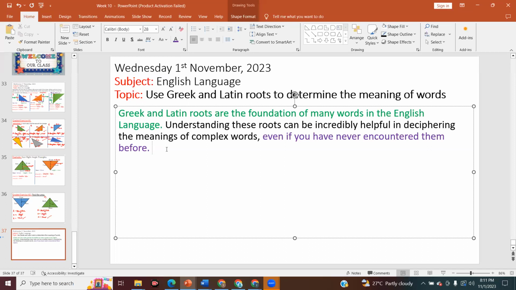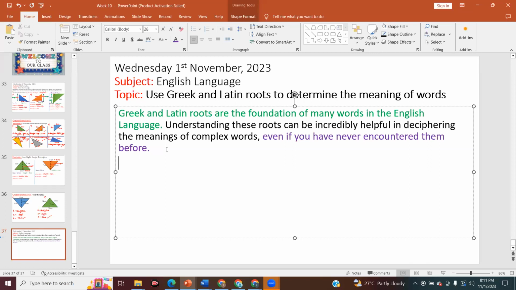So let's begin with, basically the English language has borrowed a lot of words from Greek and Latin, especially when you look at science, law, academia, all those areas. A lot of words that come from there are from Latin and from Greek.